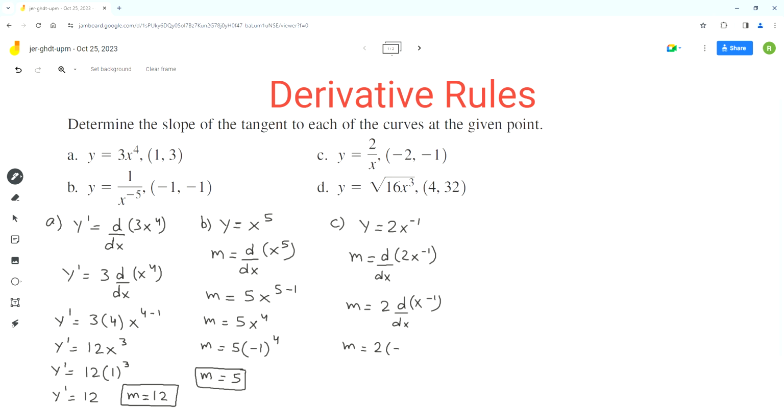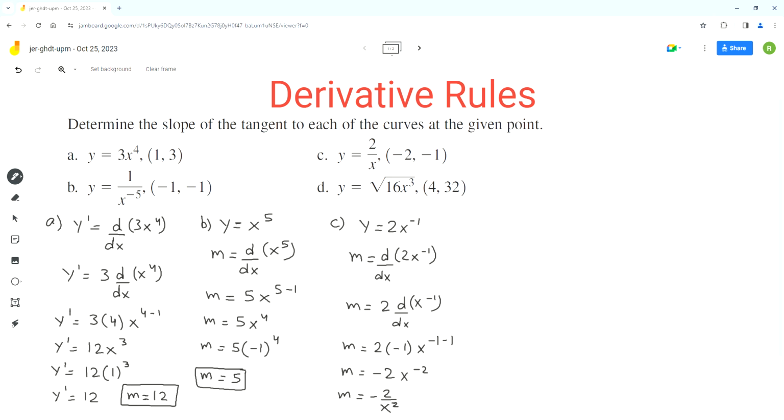So 2 times -1, and we'll subtract 1 from the exponent. So we get m equals, so 2 times -1 is -2, x exponent -2. And in the next step, we can move x to the denominator to make the exponent on it positive. So m equals -2 over x squared.